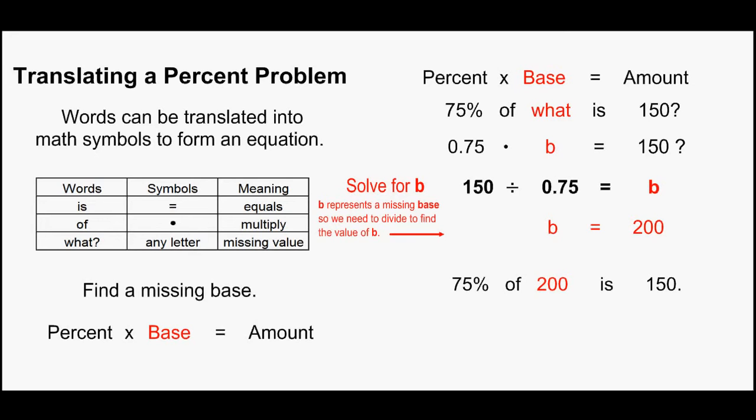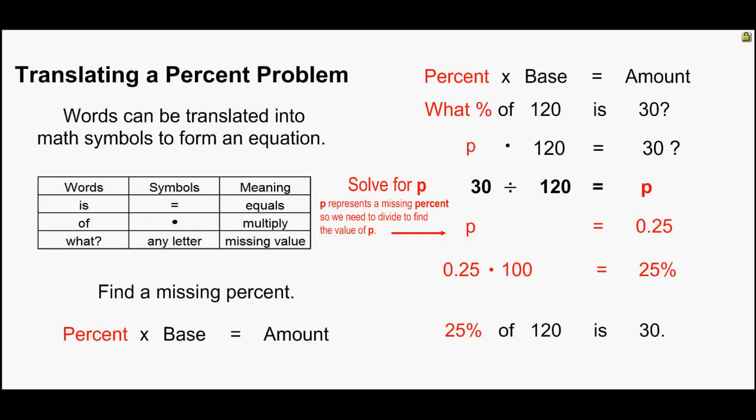The base is missing. The base is a factor. We will use division to find the missing factor. 150 divided by 75 hundredths equals B. B equals 200. 75% of 200 is 150.